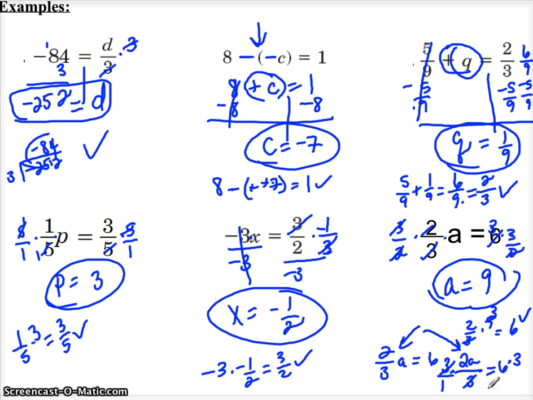So the 3's cancel, you get 2a, 6 times 3 is 18. And then divide by 2, you get a equals 9. So either way you want to do that, that's fine. If you see a denominator, you want to multiply both sides by that denominator to get rid of it, and then divide by the 2, that's fine.